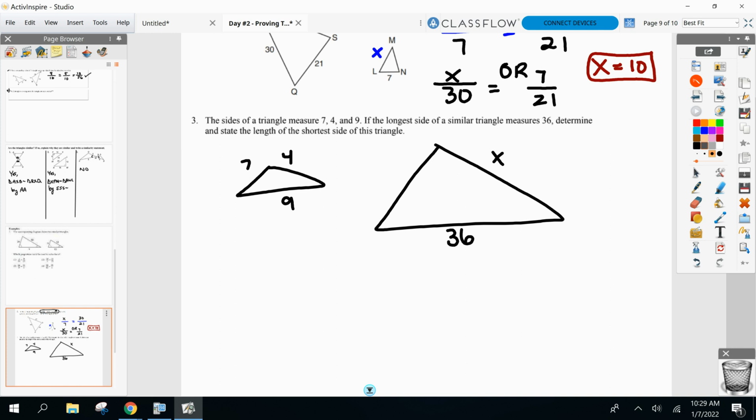Give you guys another couple seconds, and then I'll ask somebody what their proportion was that they set up to solve for the smaller side. X over 4, 36 over 9.